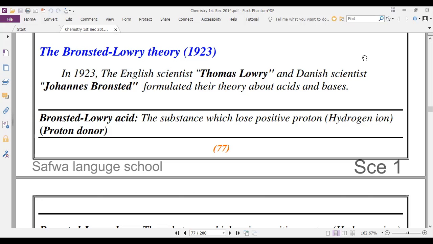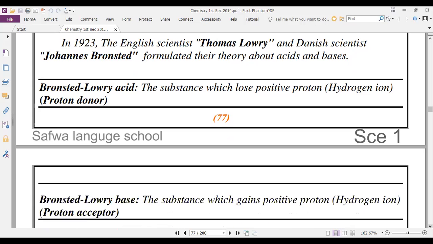It gives hydrogen or gives a proton. So it's called the Bronsted-Lowry acid. What is meant by Bronsted-Lowry acid, Mariam? The substance which loses a positive proton, hydrogen ion, is the proton donor. Yes, it's called proton donor.